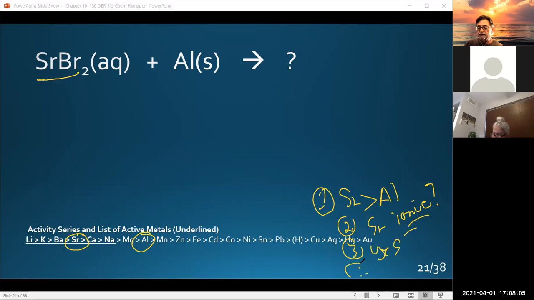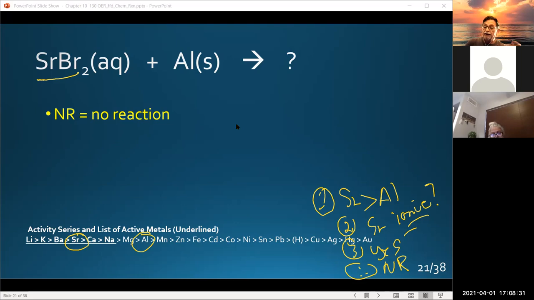And that implies NR, no reaction, because the most reactive metal here is already in ionic form. So it won't react. So the correct answer here will be NR.